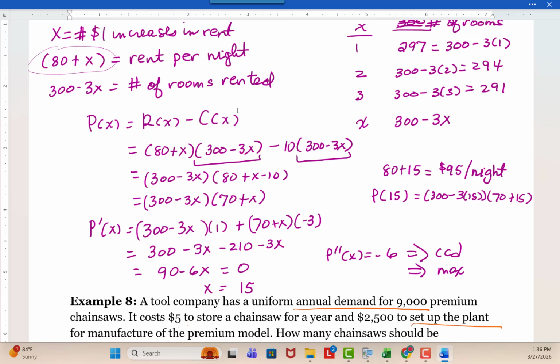So we get 300 minus 45 times 85. I got $21,675 as our maximum profit.